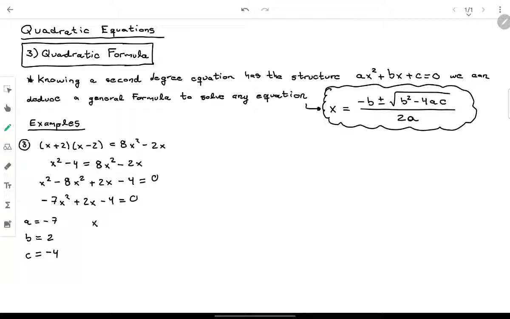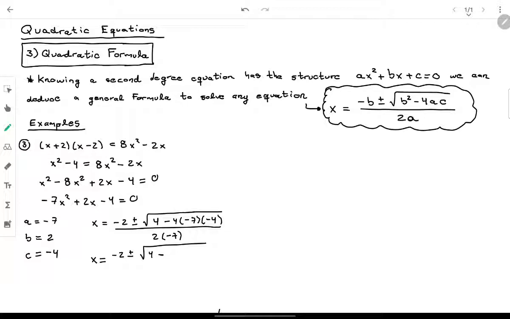It's going to be x equals minus b plus minus the square root of b squared minus 4ac, all of it divided by 2 times a. So in this case, it's going to be x equals minus 2 plus minus the square root of 4, and it's going to be minus multiplied by minus multiplied by minus.